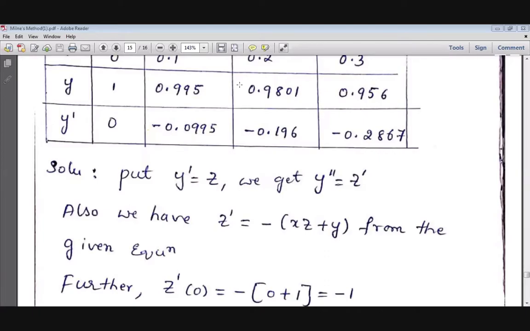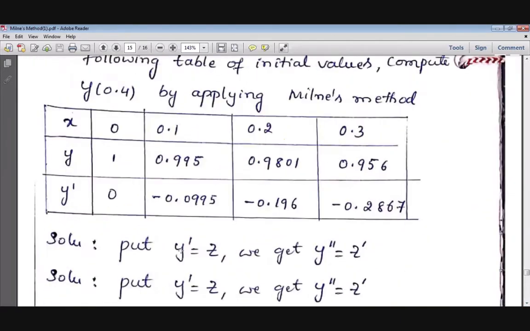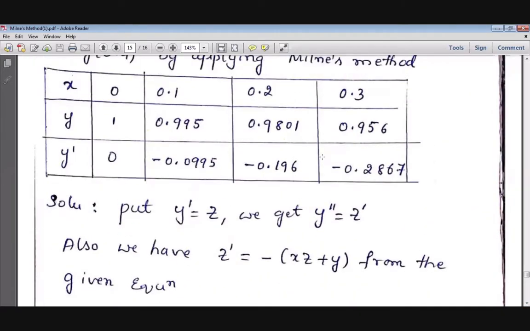Now, after putting this, differentiate this with respect to x. If you differentiate this with respect to x, y double dash equal to z dash it will be.